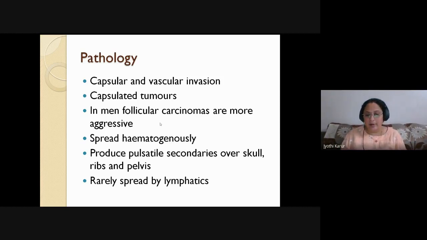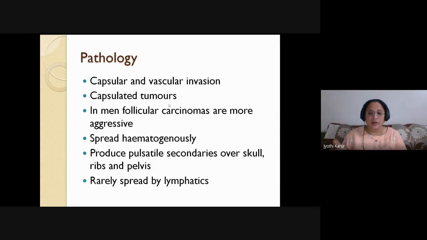They spread hematogenously and produce pulsatile secondaries. Please remember this. They usually spread to flat bones, that is skull, ribs, pelvis, and even the spine. So you might misdiagnose them as dermoid cyst, and many people have even opened up these secondaries over the skull without taking any X-ray and landed in trouble. So for any swelling over the skull or flat bones, please take an X-ray.